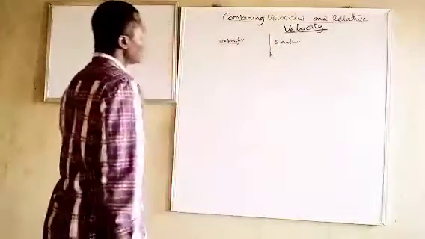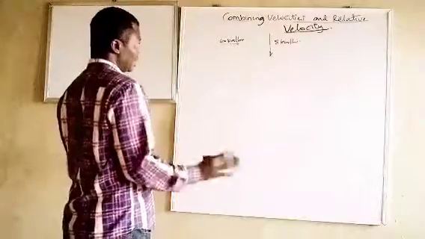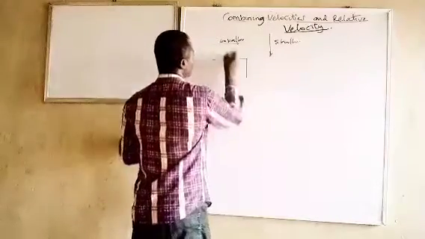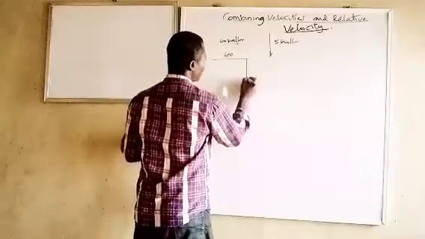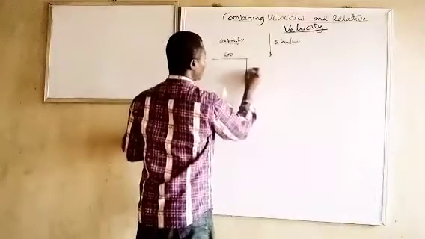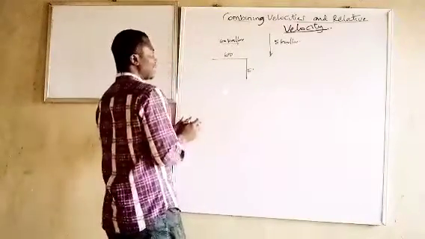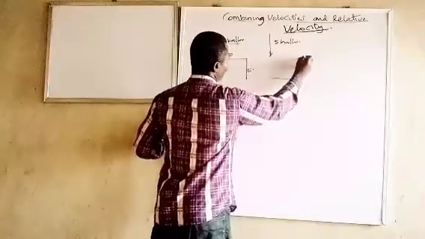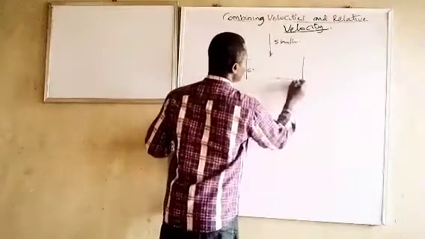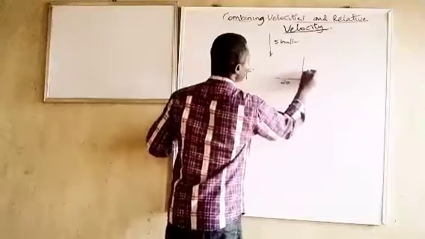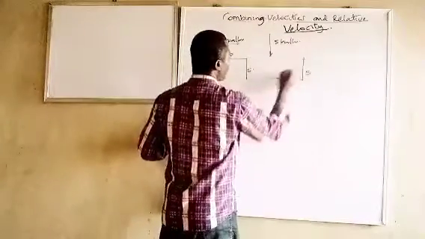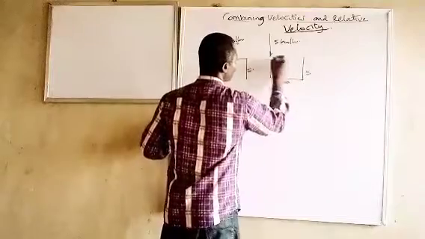If I want to sum, normally it will be like this. So this will be 60. This will be 5. But if I want to subtract, it will be like this. So this will be 60, and this will be 5. To complete it now, let me just draw like this.